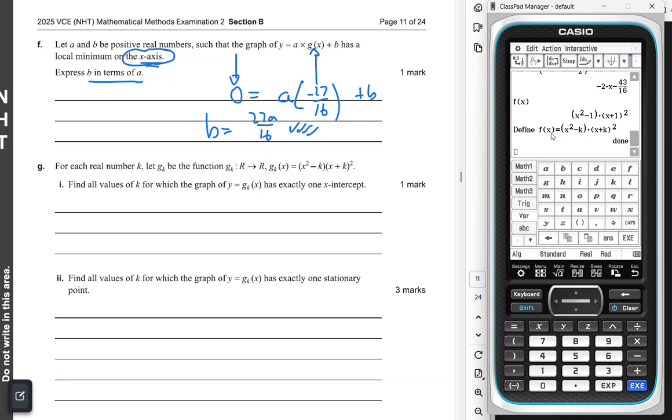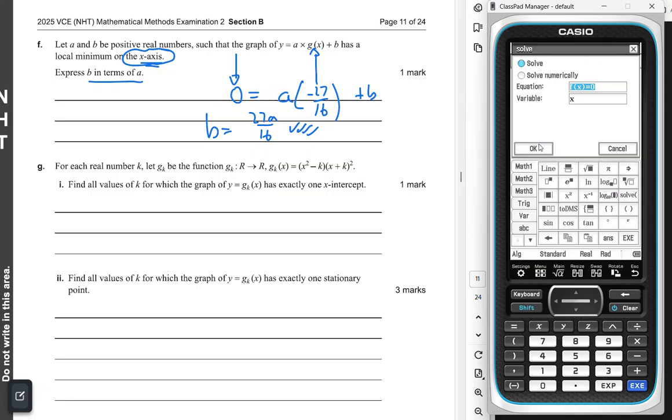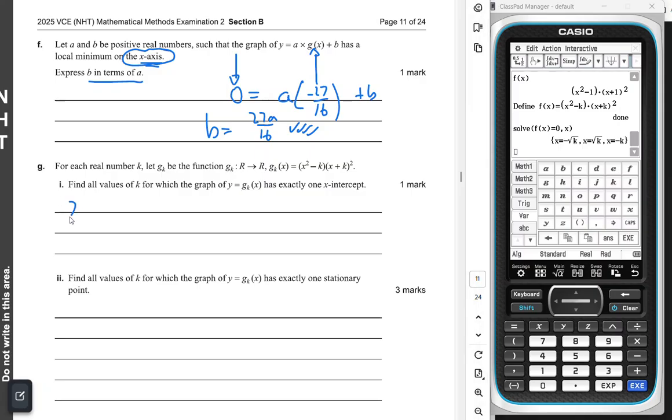Exactly one x-intercept. So if I want f of x to equal 0, and I solve that, I get the answers of x equals negative root k, x equals root k, and x equals minus k.